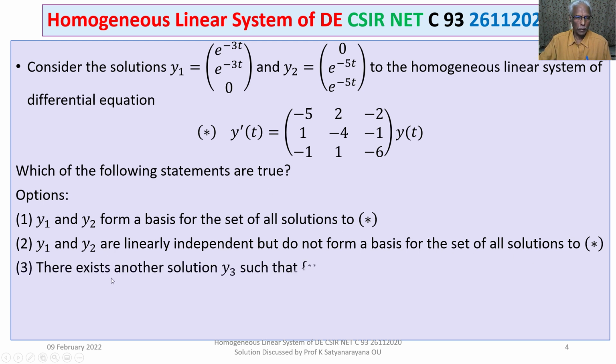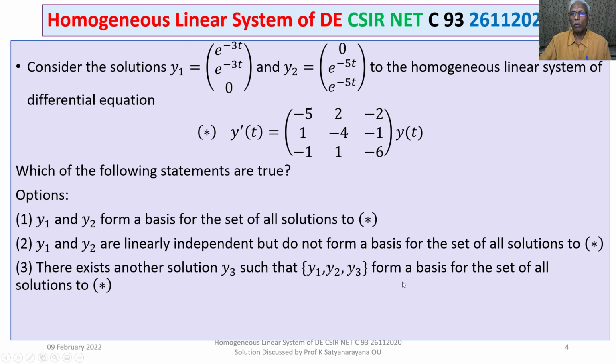Option 3: there exists another solution y3 such that y1, y2, y3 form a basis for the set of all solutions to star. Option 4: y1 and y2 are linearly dependent.